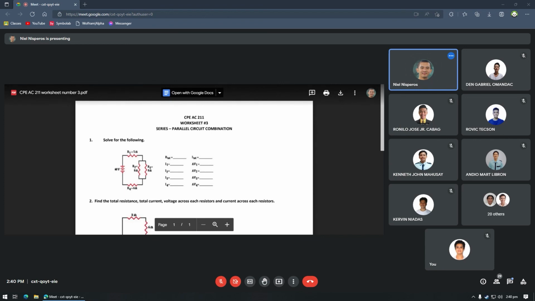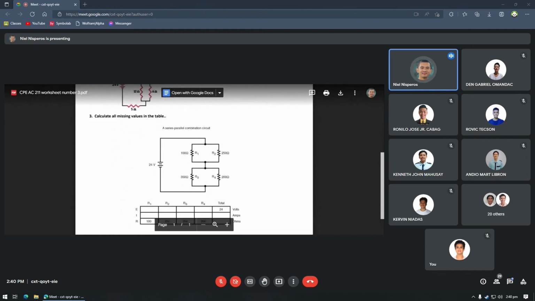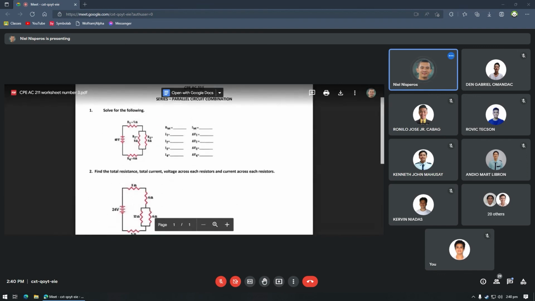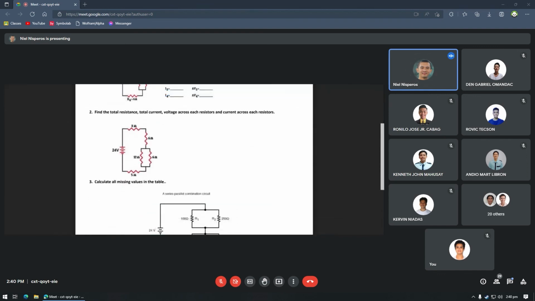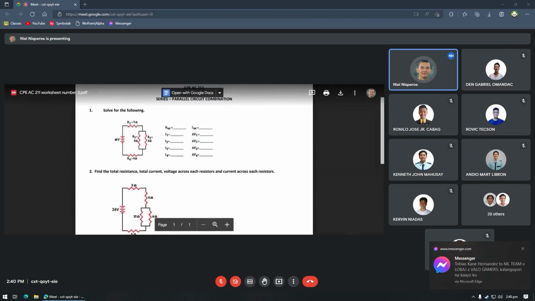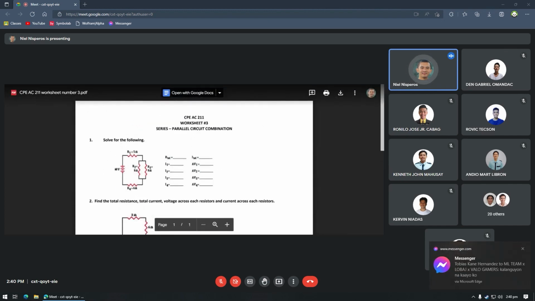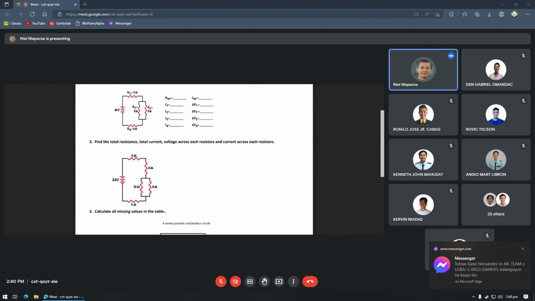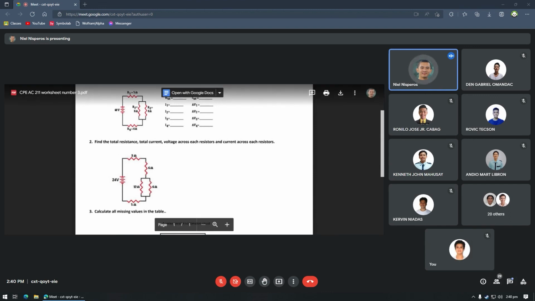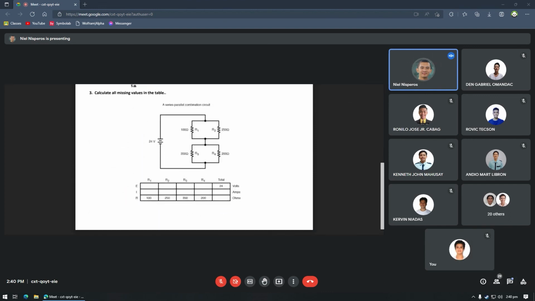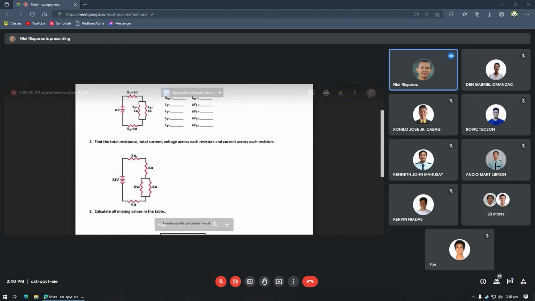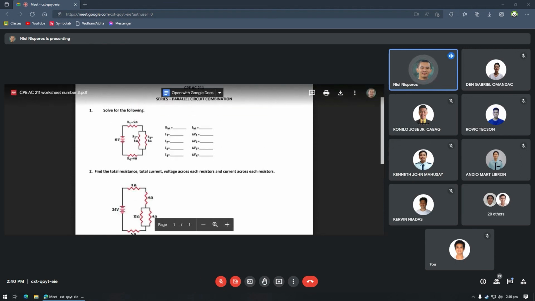Okay. These are all combination circuits. So the items are enumerated in the first problem. The second is also enumerated sa diri. And then for the third. So all you have to do is extract lang tanan mga gipangayo ani.